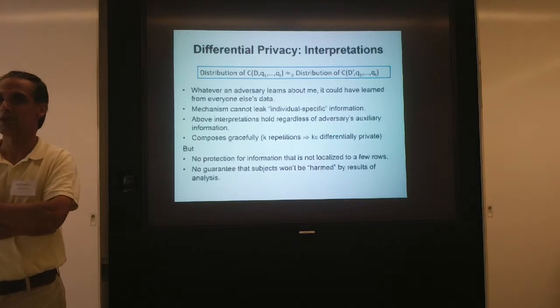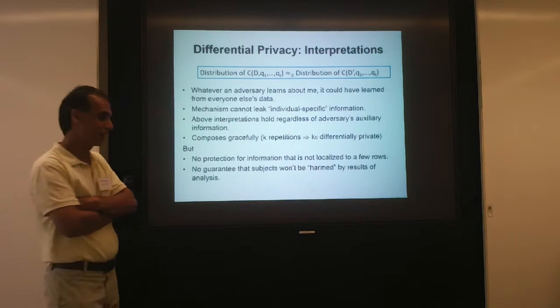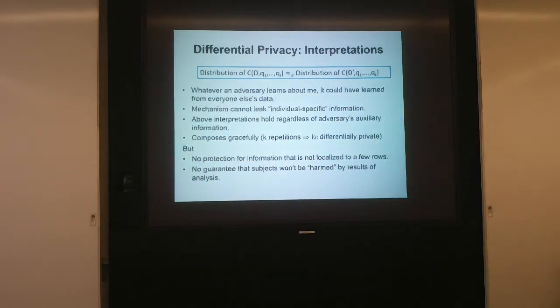So at some point we learned that smoking is correlated with lung cancer, and then now smoking is banned in all kinds of public places, and smokers might claim that they were harmed by people being able to study this correlation.